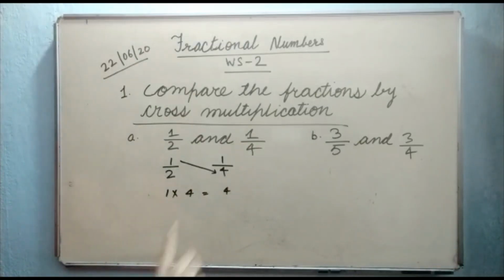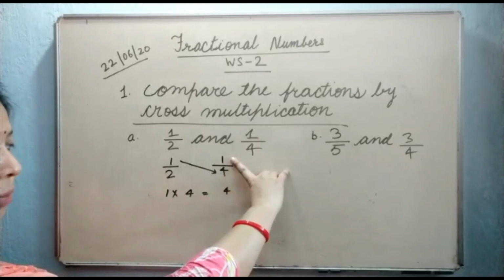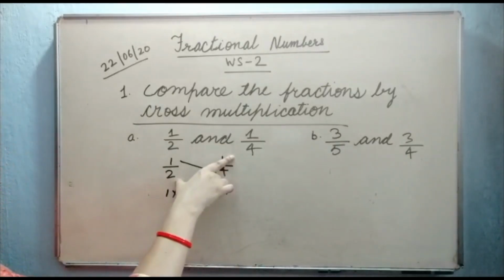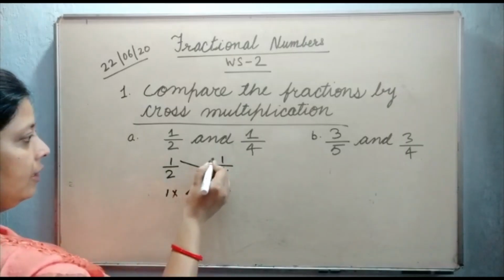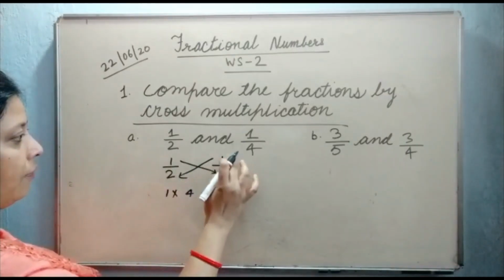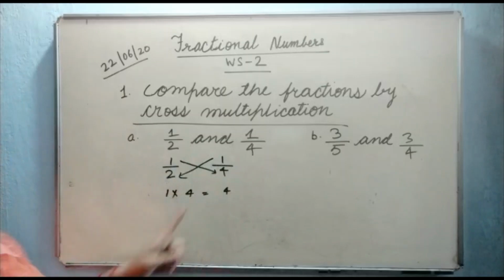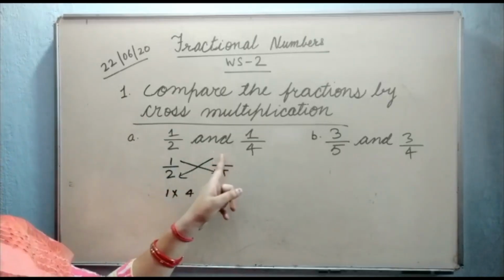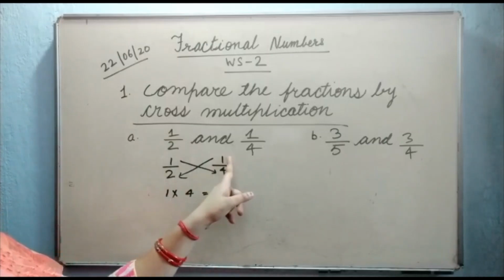Now you put your finger on the right hand side numerator 1 and from here you point towards 2, the denominator of the left hand side, like this. This means you have to multiply 1 by 2. But the result will be for the right hand side because you are starting the arrow from the numerator of the right hand side, that is of 1 by 4.